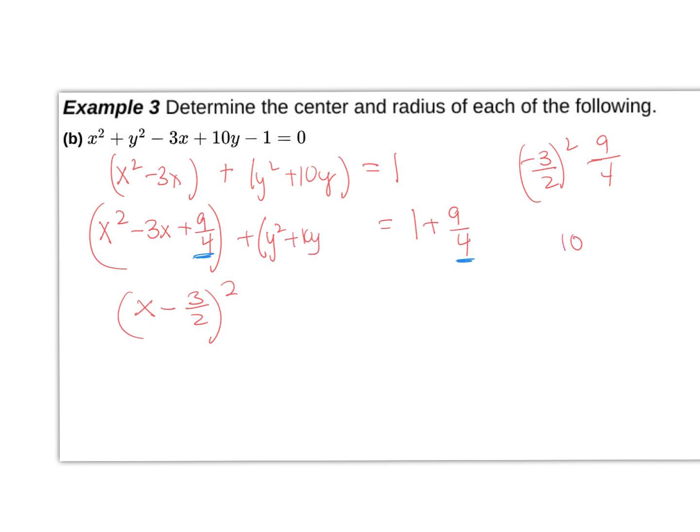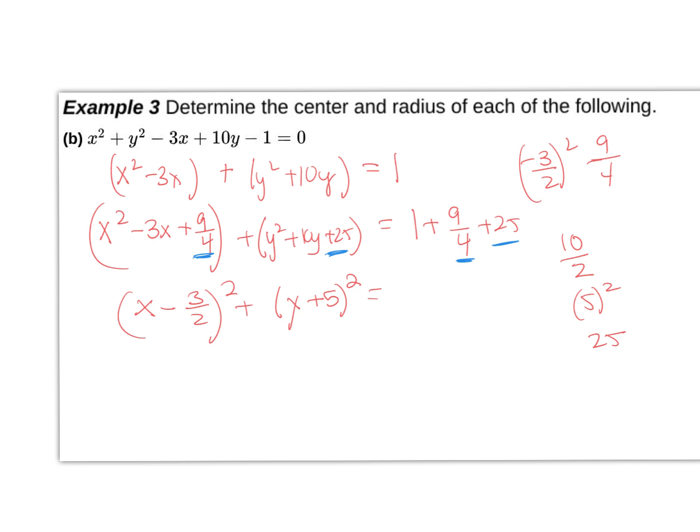If I take half of 10, divide it by 2, and square it, I'm going to be adding 25 to both sides. So that when I factor, this will become (y plus 5) squared. And once again, if I added 25 to this side, I have to add 25 to that side.